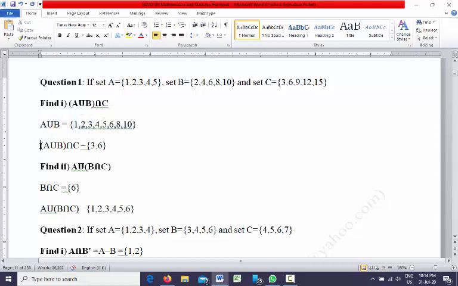Now we want to find A union B, bracket, intersection C. Intersection means common.